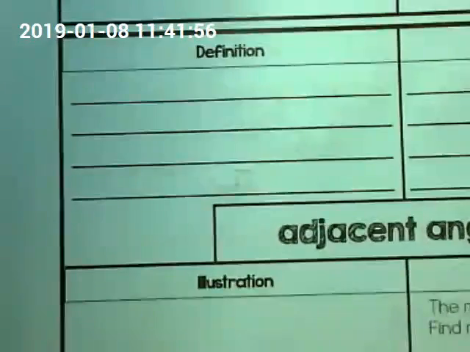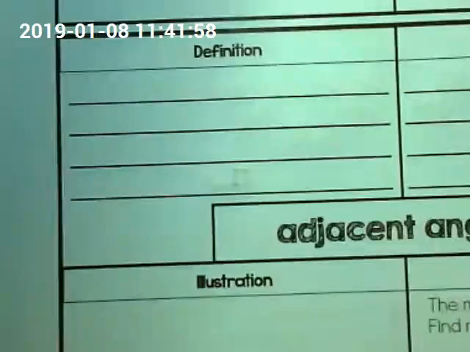Now our last angle type is adjacent angles. So these are angles that are side by side.